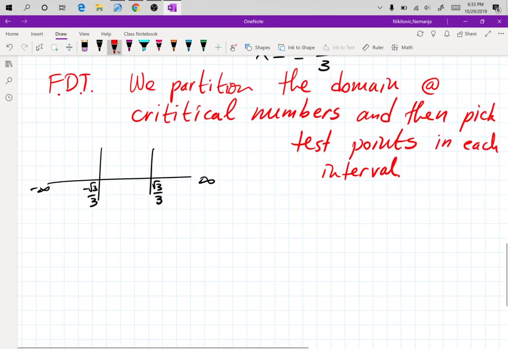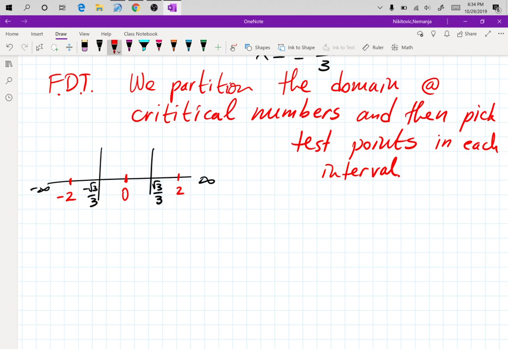That's your procedure. You are going to pick 0 in the middle as a test point. You can pick, let's say, -2 and +2, -100 and +100, or -100 and +2 million, whatever. You will be picking the values in every region.